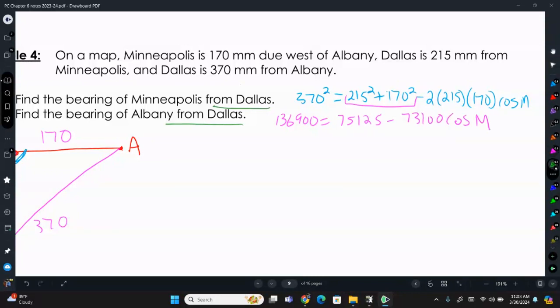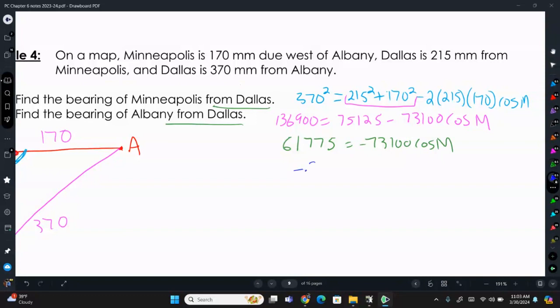So then we need to get the cosine of M by itself. We'll subtract 75,125 from both sides. And that gives me 61,775. Then we can divide by negative 73,100.